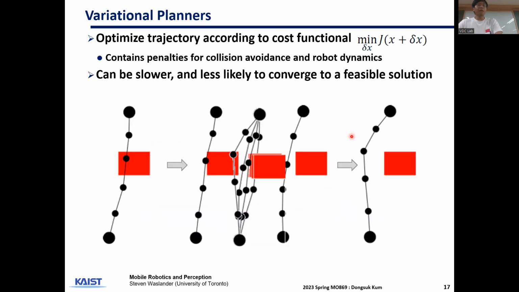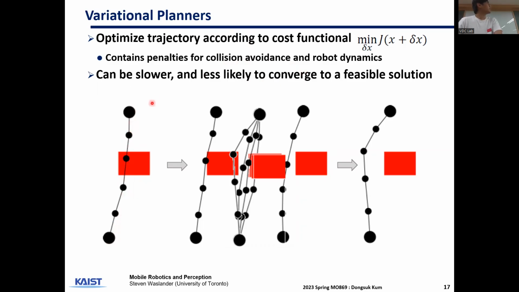Another is variational planners. With variational planners, you optimize the trajectory according to a cost function, which contains penalties for collision avoidance and robot dynamics. With a variational planner, this is the initial trajectory, and these points are called control points.